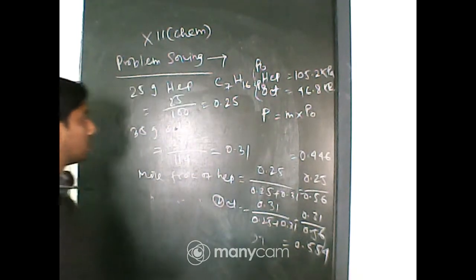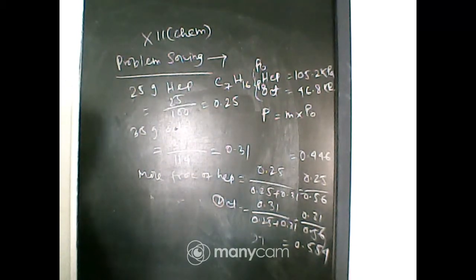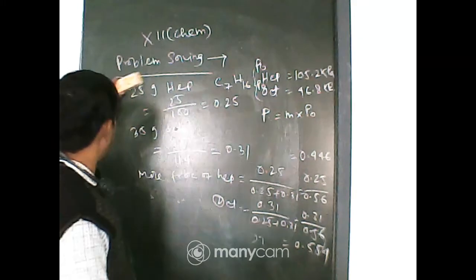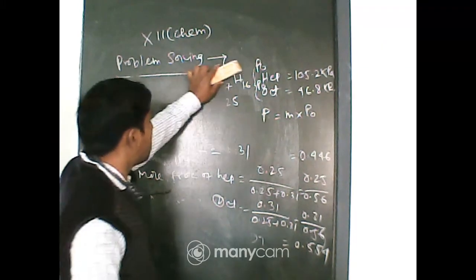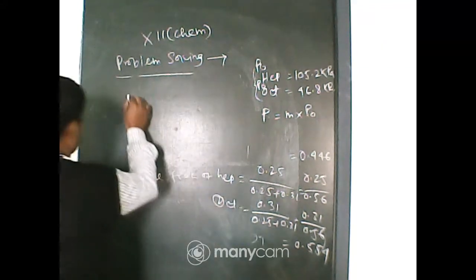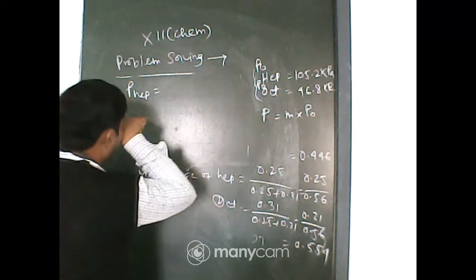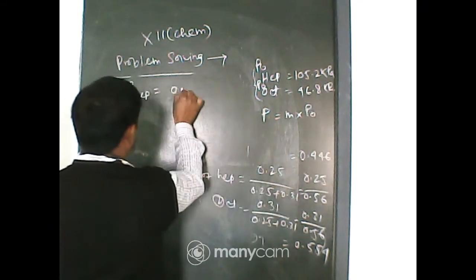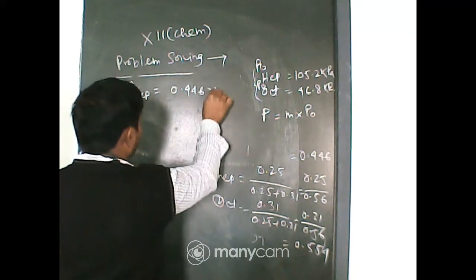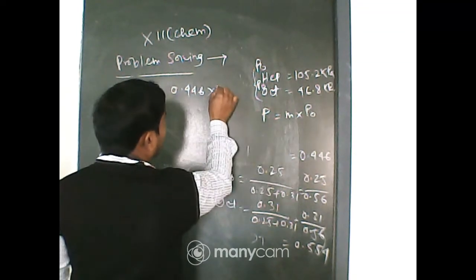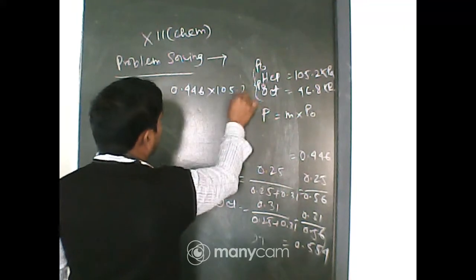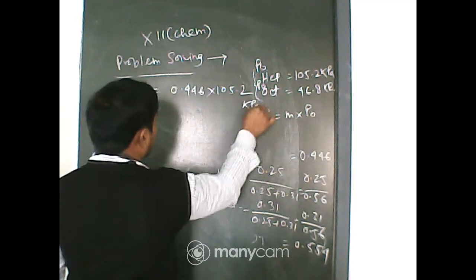Now putting it in the equation: P of heptane is mole fraction 0.446 into 105.2 kilopascal.